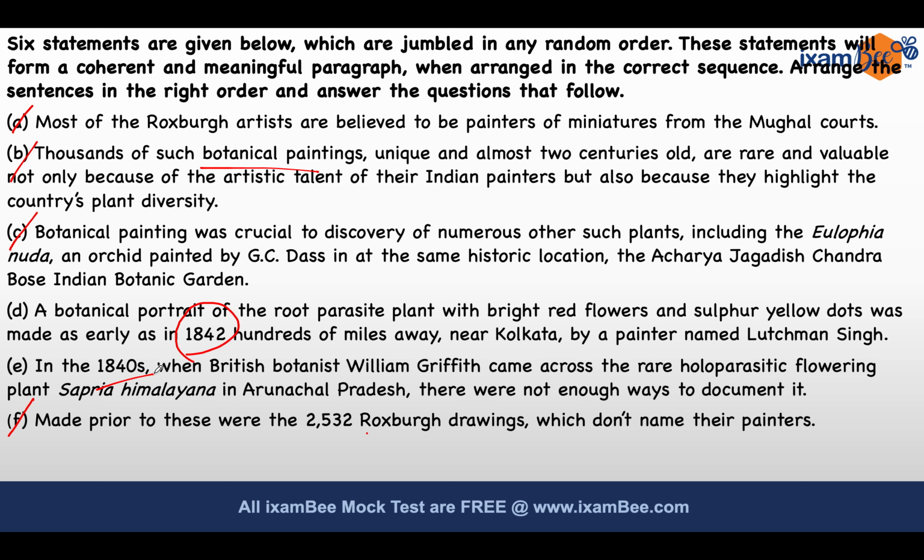Let's look at D. A botanical portrait of the root parasitic plant with bright red flowers and sulfur yellow dots was made as early as in 1842. So the first documentation was made in 1842 by a painter called Lachman Singh. So this is our first sentence, and this is our second sentence.